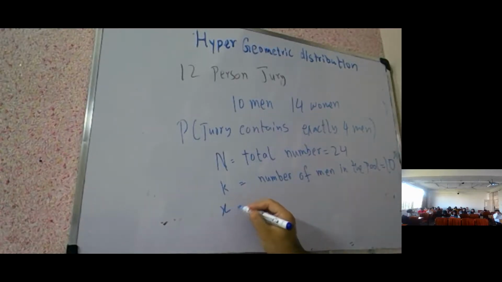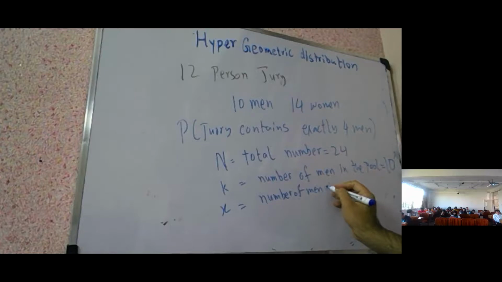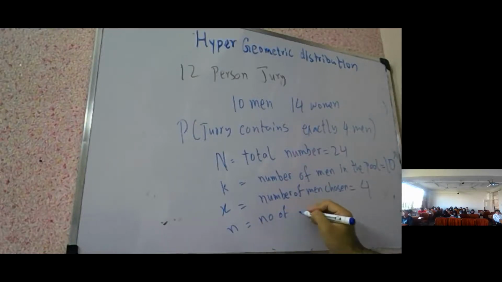X is the number of men chosen, which is 4, and small n is the total number of people chosen, including men and women. That's 12. So these 4 parameters are given, right?